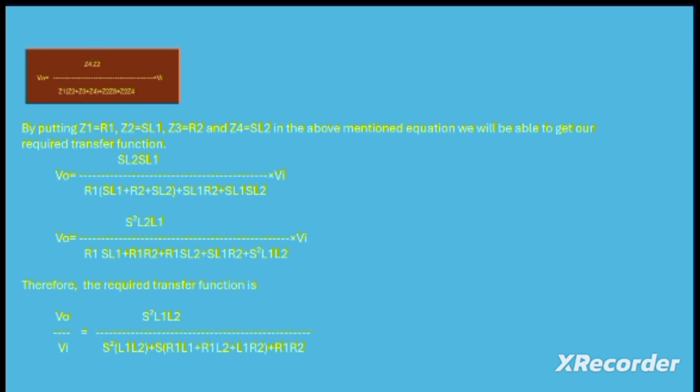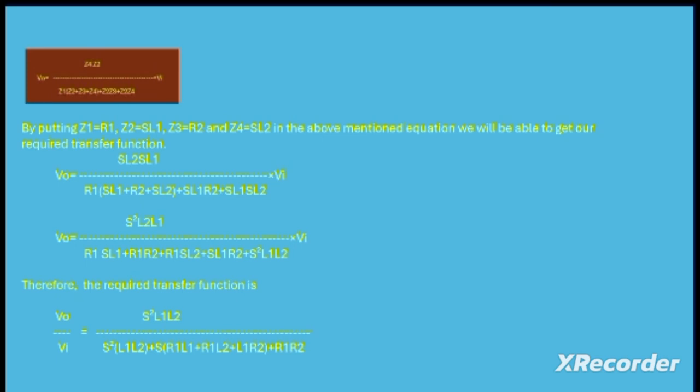Vout equals, my numerator is SL2 multiplied by SL1 multiplied by Vi, the input voltage, over R1 multiplied by (SL1 plus R2 plus SL2) plus SL1 multiplied by R2 plus SL1 multiplied by SL2.